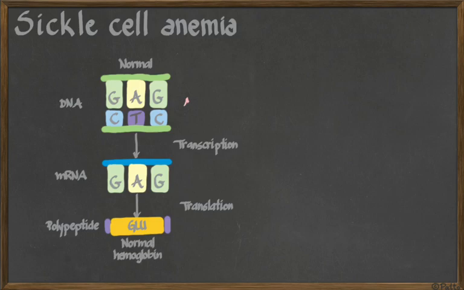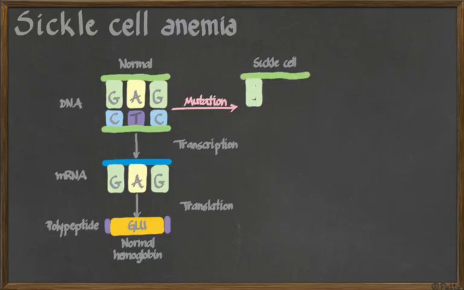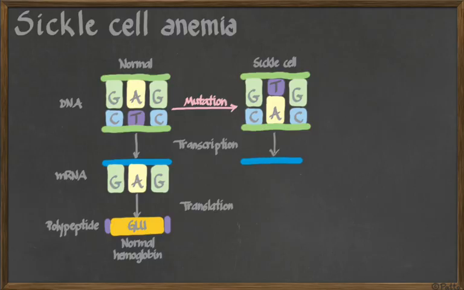Normal hemoglobin B. So if you have a mutation, and there was a mutation many years ago, we produce what we call a sickle cell anemia mutation. So basically there's a variation there. Instead of GAG, we have a GTG, and that we have a complementary CAC that as a result is going to be making the RNA a GUG.